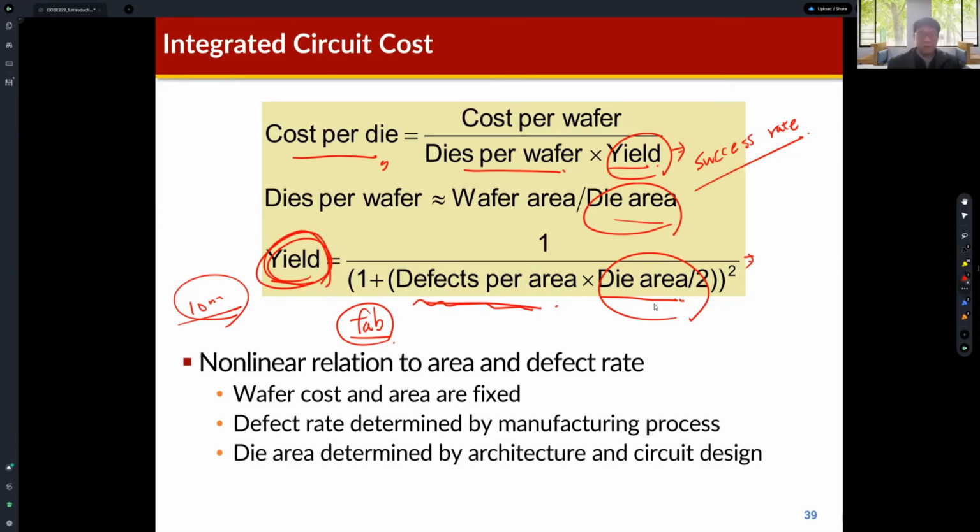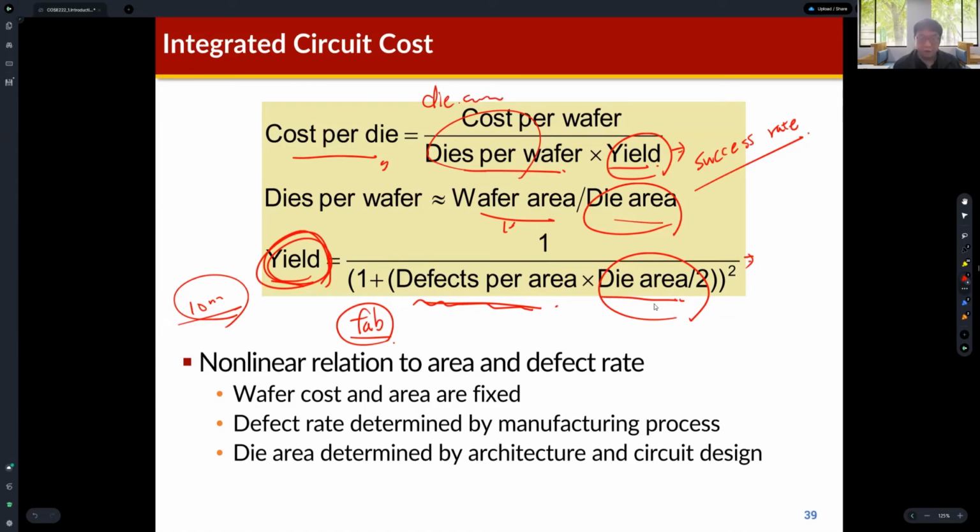Die area means the size of a single chip. If the size of a single chip is very large, then cost is also increased because cost per die is inversely proportional to the dies per wafer. Dies per wafer is the wafer area, which is a constant, divided by die area. So it's actually proportional to the die area.